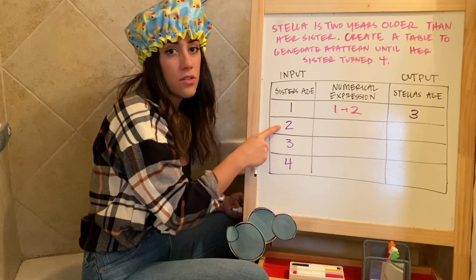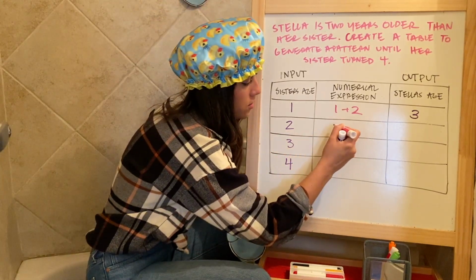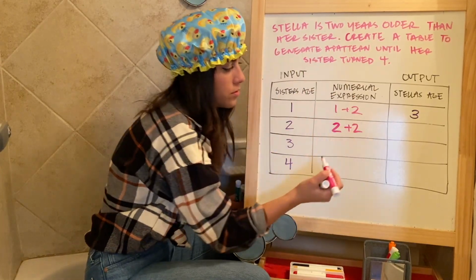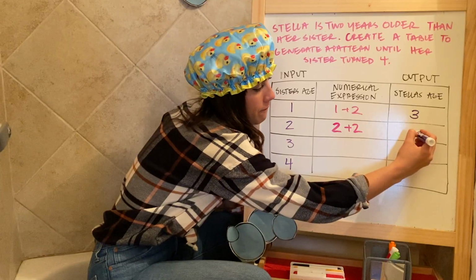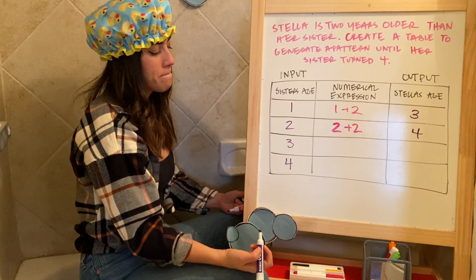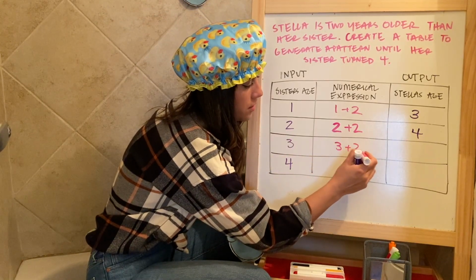So again, her younger sister is 2. When she was 2 years old, we would add that age. So I have her 2 years old plus the 2 years of her being older. That would make Stella 4. Her younger sister was 3 plus the 2 years of age.